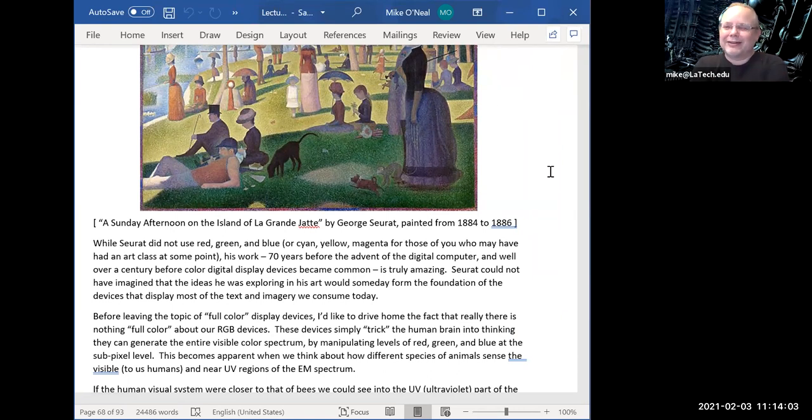I have no clutter, so my walls are pretty much bare. But I made a few exceptions. In my living room, I have a copy of Seurat's painting, and in my guest bedroom, when I have it set up right, I have a photo taken on the surface of Mars.